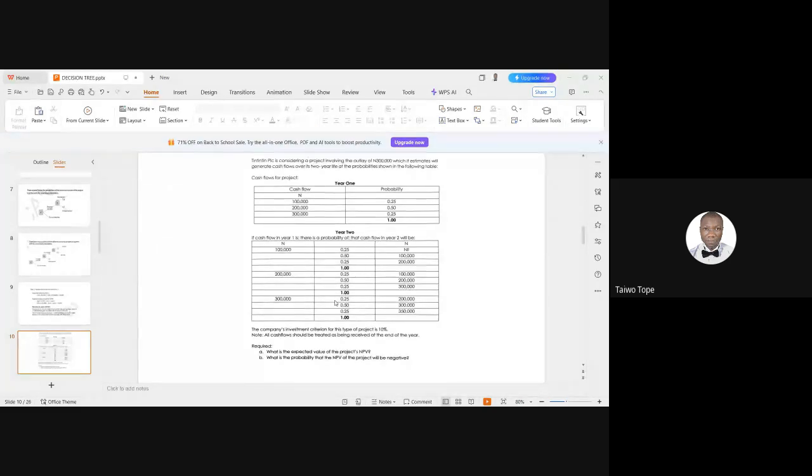So when you have an inflow of 100,000 in year one, there is also a possibility of obtaining a nil value in year two, isn't it? I don't know if you are following. Are we following, please?